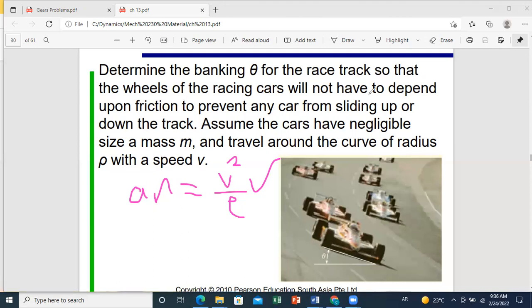Okay, so let us see this problem. This is a little bit challenging problem. It's a very important problem, and we'll see how using UN UT will allow us to get a simplified solution. We want to determine the banking angle theta for the racetrack, so that the wheels of the racing cars will not have to depend upon friction to prevent any car from sliding up or down the track.